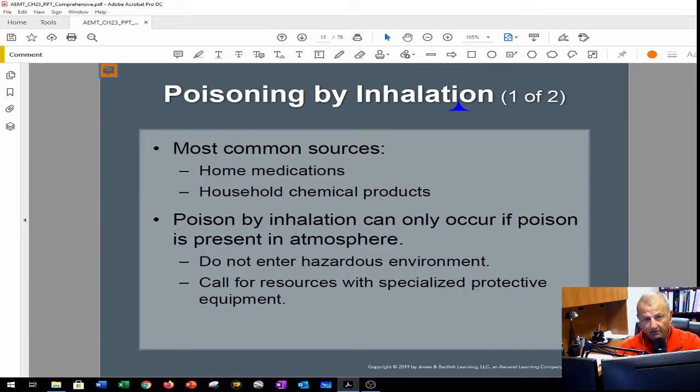What happens in the alveoli? Gas exchange. We exchange CO2 for O2, right? Well, when we inhale a poison, it goes straight to the alveoli and straight to the blood, just like oxygen does. And it attaches to the red blood cell, which transports it back to the left atrium, left ventricle, out the aorta to the body. So it's immediate.